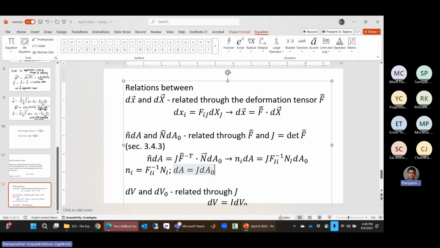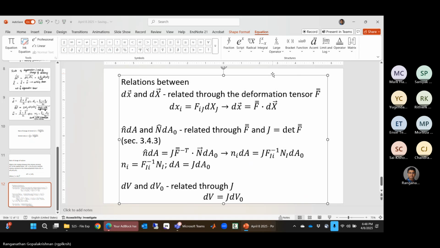So that when you multiply the two, you get the change in the scalar area as well as the change in the vector, position vector. So this is a little bit of recap about how the length, area, and volume elements are related to each other in both the frames of reference.